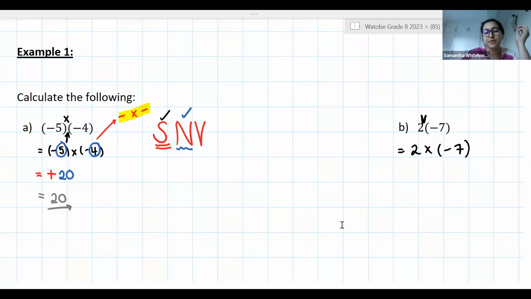And why is it negative? Because, ma'am, a negative multiplied by a positive is a negative. Excellent. Well done. So guys, remember, a positive times a negative gives me a negative answer. So automatically I know my answer is negative. And then when we go to the numbers, we know that 2 times 7 is 14. And so my answer here is negative 14.